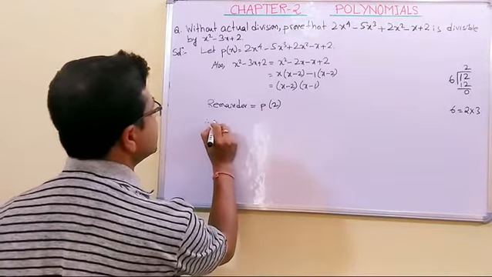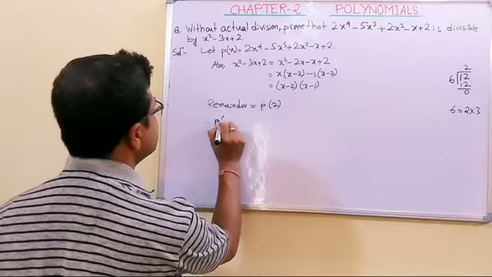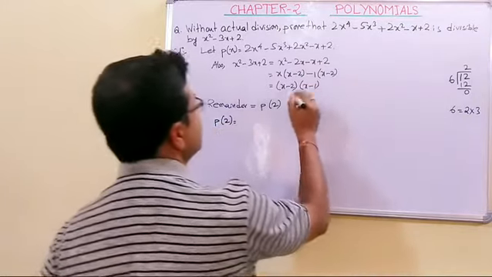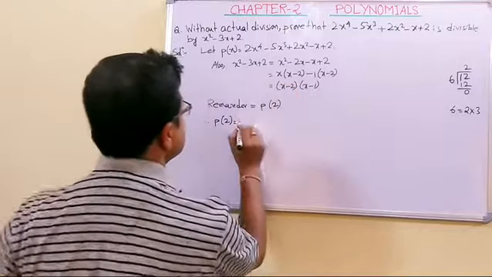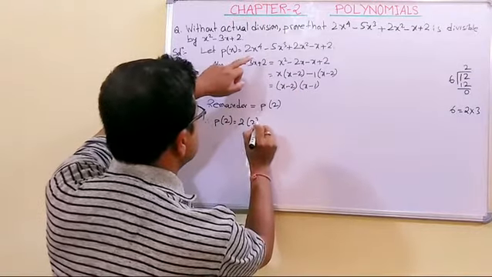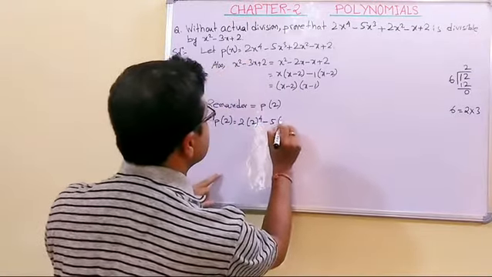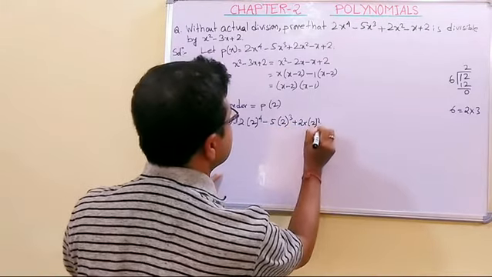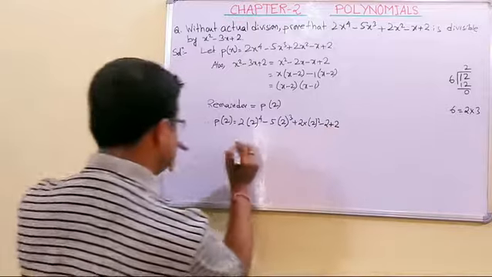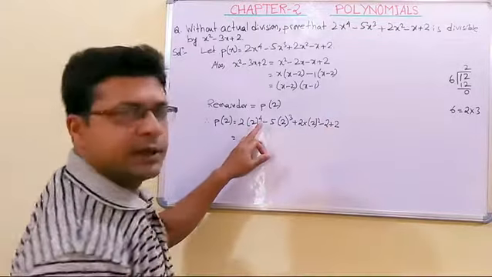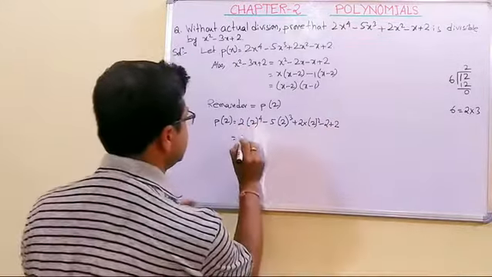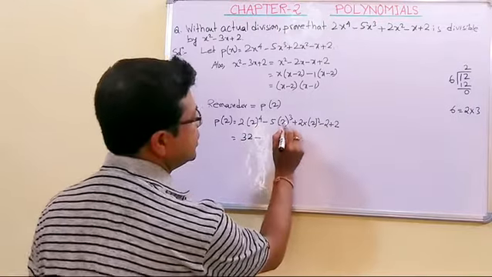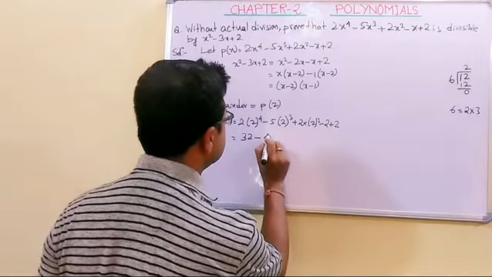Therefore, P(2) is equal to, let us put the value of 2 there: 2 into 2⁴ − 5 into 2³ + 2 into 2² − 2 + 2. 2⁴ is 16. 16 into 2 is 32. Minus 2³ is 8. 8 into 5 is 40.